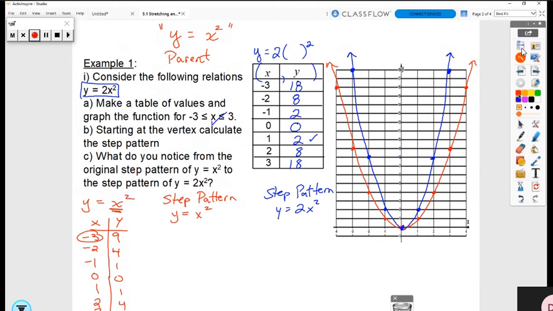So looking at the red one, over 1 up 1, over 1 up 3, over 1 up 5, over 1 up 7. And we're not surprised. 1, 3, 5, 7. That's usually what it is. So we can say SP is 1, 3, 5, 3 is enough.